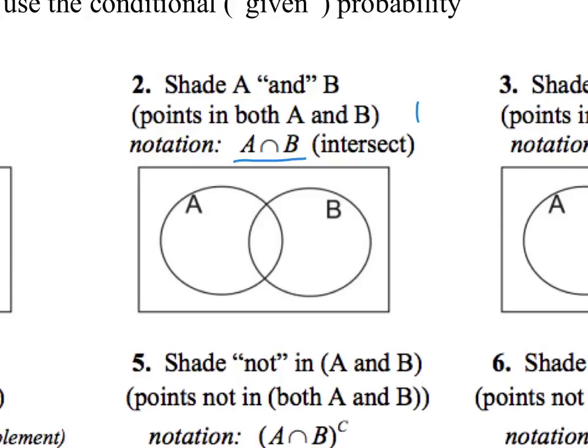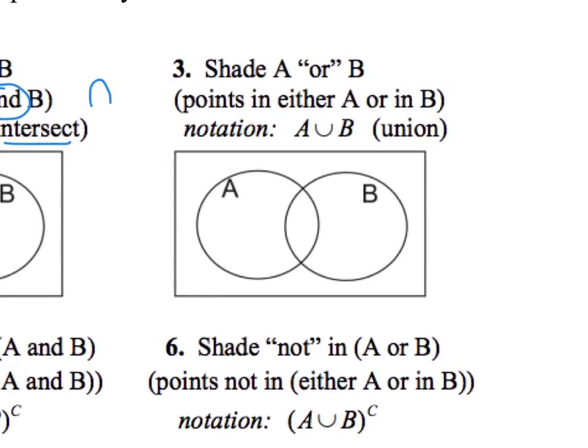So the little upside down U stands for intersection, or the word "and". That's where they overlap, so it's this little area right here. Or is what we also like to call the union. It's this symbol right here, or it's the word "or" that you see.